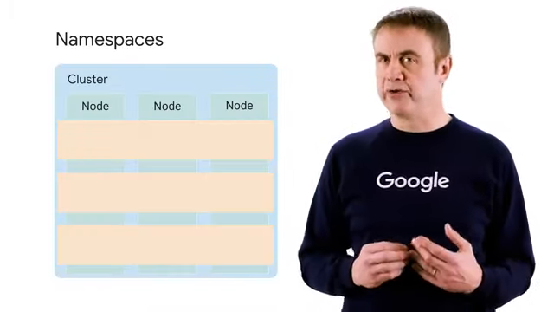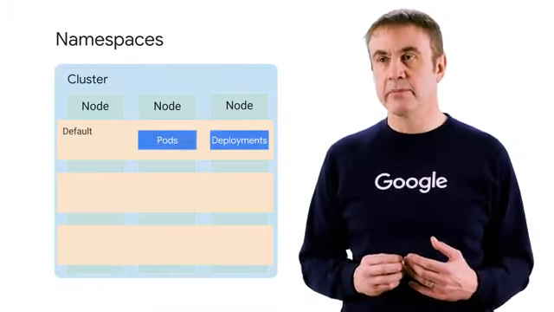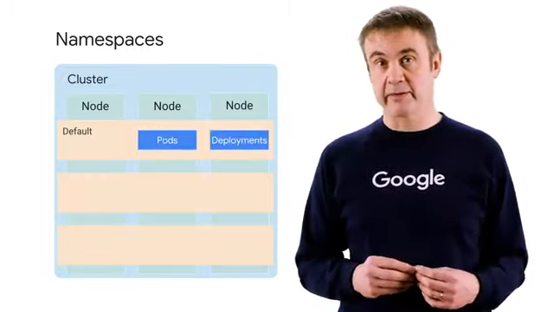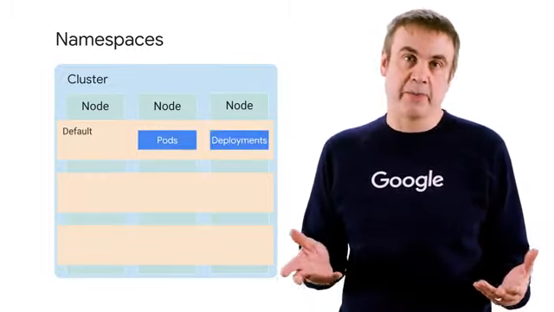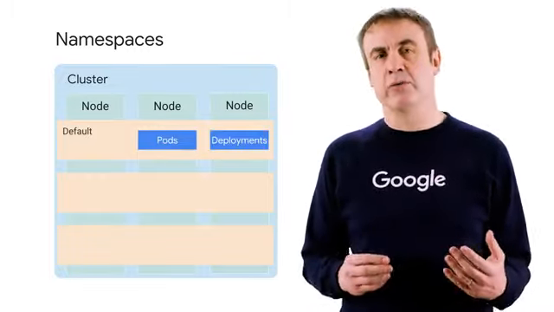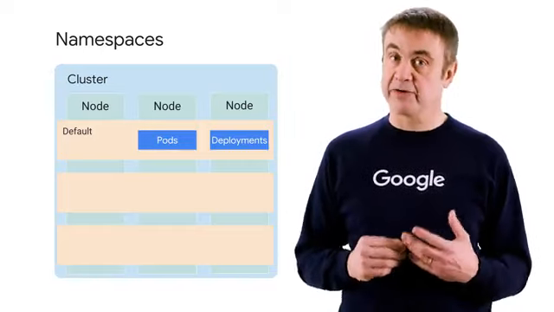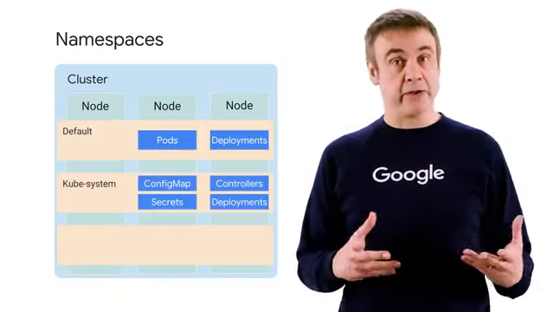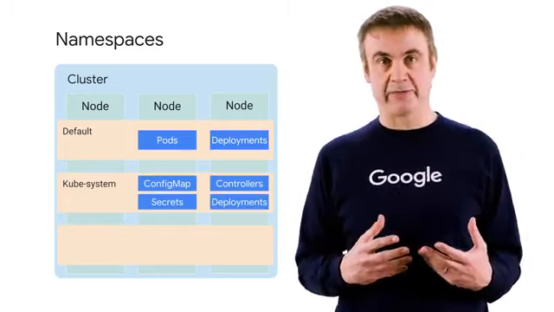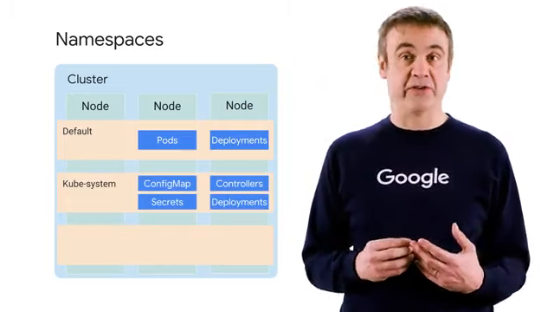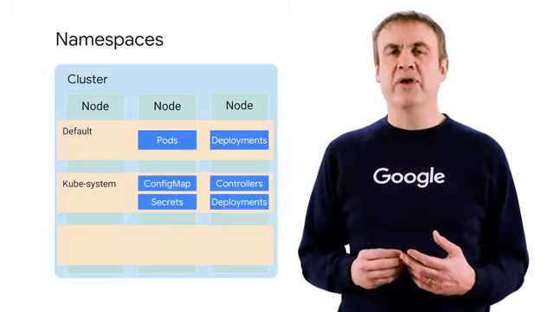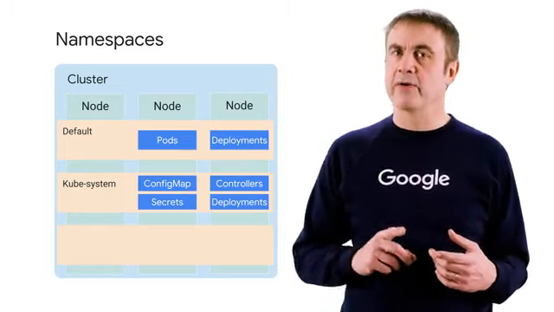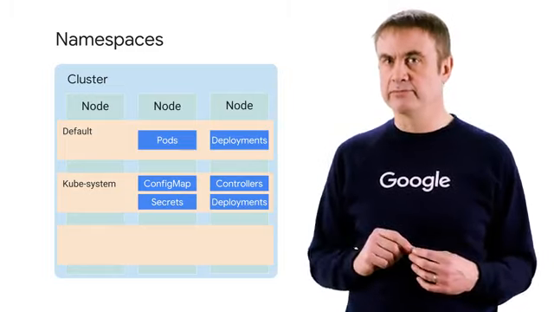There are 3 initial namespaces in a cluster. The first is a default namespace for objects with no other namespace defined. Your workload resources will use this namespace by default. Then there is the kube-system namespace for objects created by the Kubernetes system itself. We'll see more of the object kinds in this diagram elsewhere in this specialization.